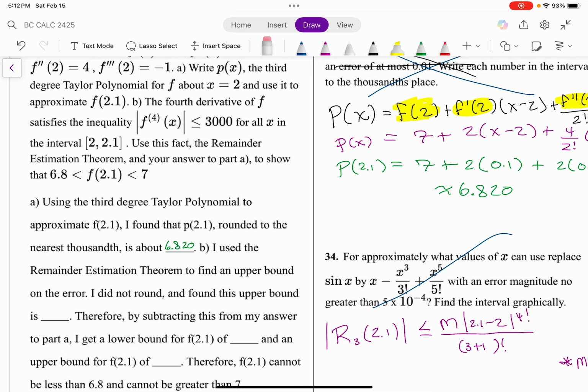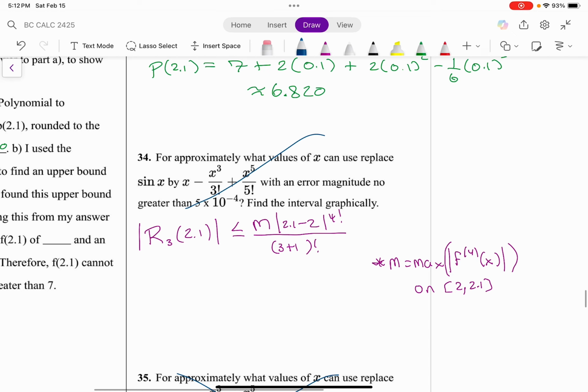And then our M is just handed to us. Okay, notice they're telling us an upper bound for the absolute value of the fourth derivative, so that's 3,000. Okay, sorry, this isn't a factorial, that's an exponent.